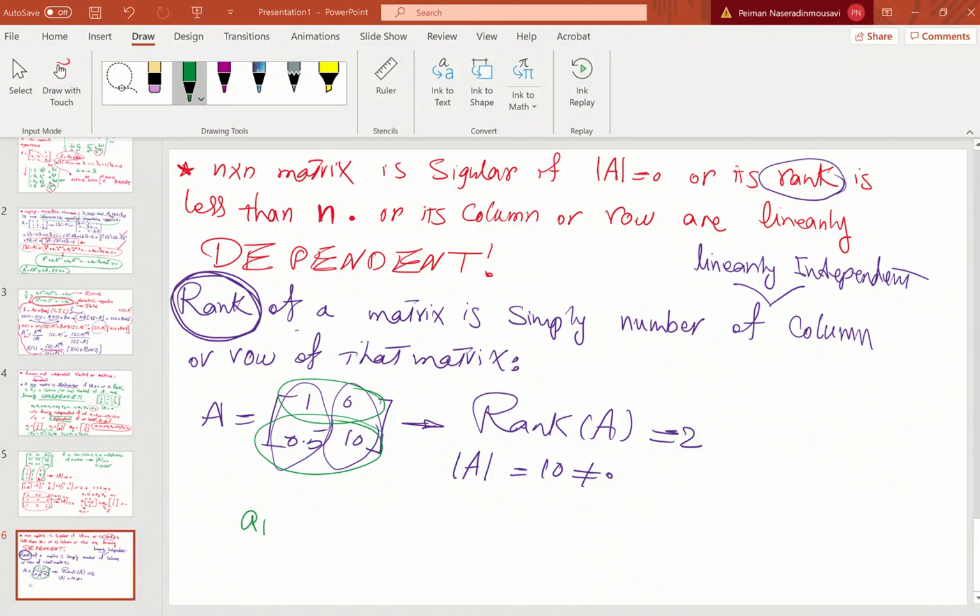So A1 times 1, 0.5, plus A2 times 0, 10. So if you want to have this equality, which A1 and A2 are you going to select?